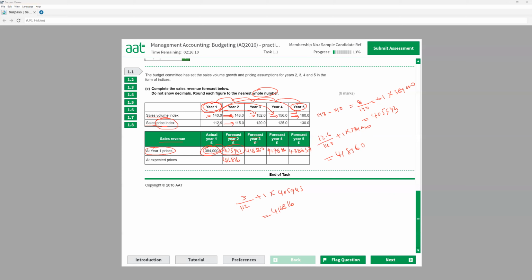The next one, same thing for year 3. The increase is from 112 to 120, so 120 minus 112 is 8.